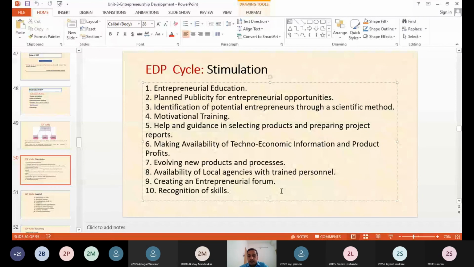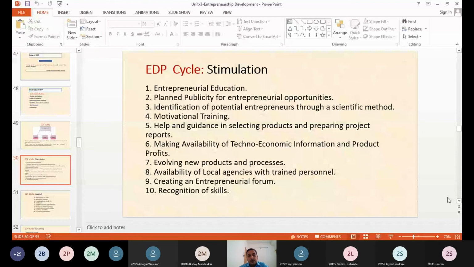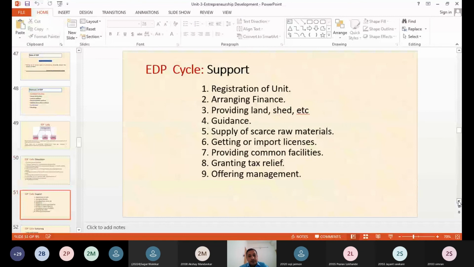Once stimulation is over, the second phase is support. The entrepreneurs are provided support in terms of the following aspects, like registration of the unit. They are helped to register their unit, arrange finance, and provide land and shed.